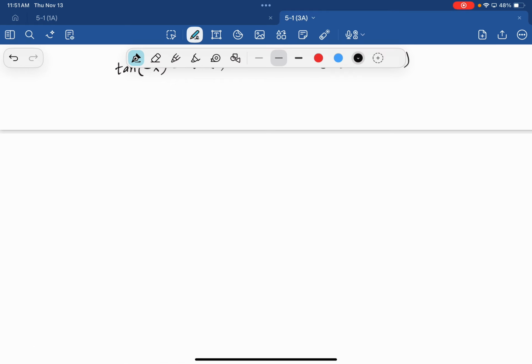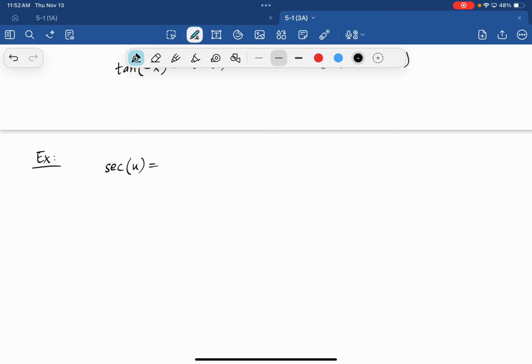Okay, let me go through some example questions, because today is not just all about memorizing equations, we also have to know how to use them. So let me go over a first example from the textbook. Let's say we're given secant of u. I don't know why the textbook likes to use u.